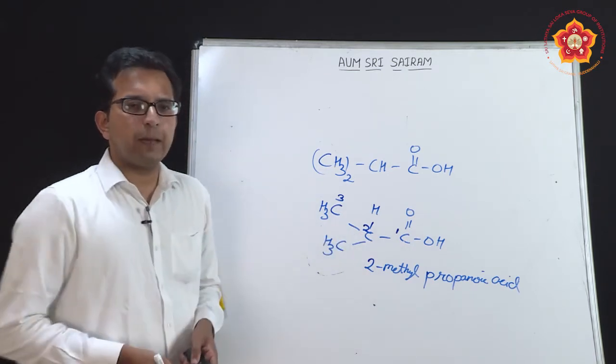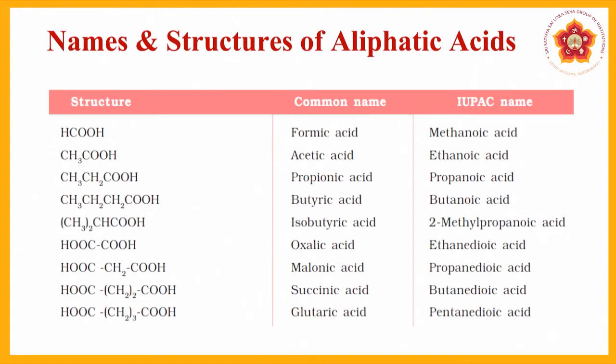Seeing the next example which is available for us, we have some dicarboxylic acids now. So what are dicarboxylic acids? Those which have 2 COOH groups in them, and the common name for COOH, COOH together is oxalic acid. And what is the IUPAC name now?